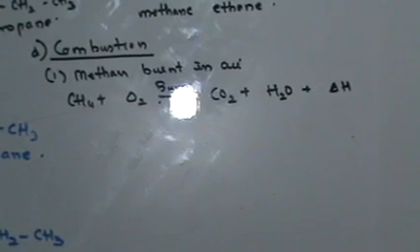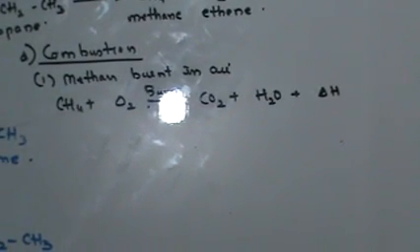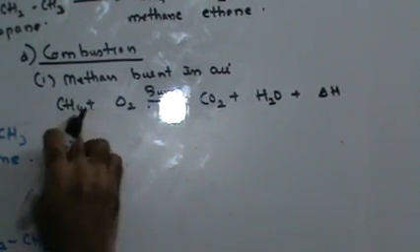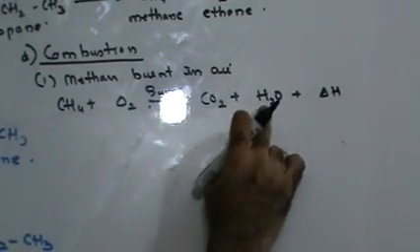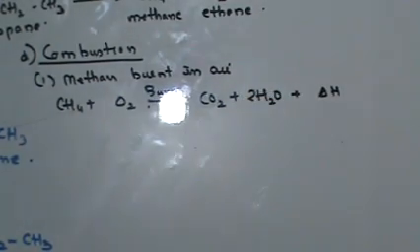A large amount of heat energy is released, right? So let's balance the reaction, guys. You have H4 here, you have H2 here, right? So H is balanced, oxygen becomes 2 and 2, 4. So your oxygen is also balanced, right? Carbon is already balanced.